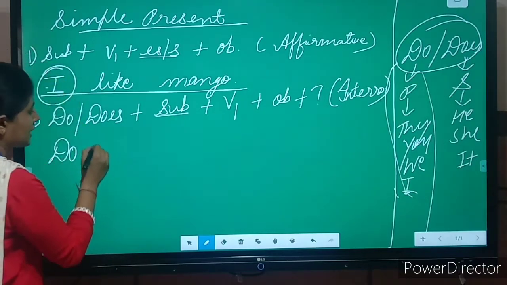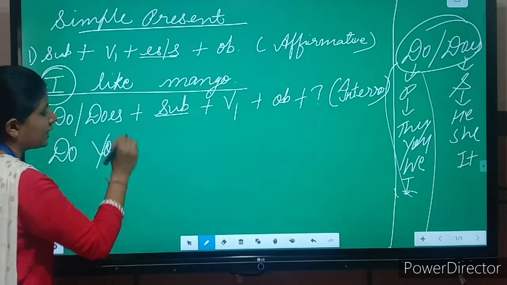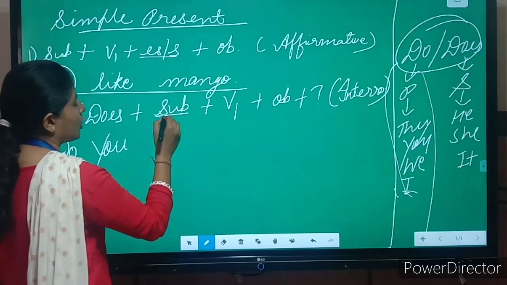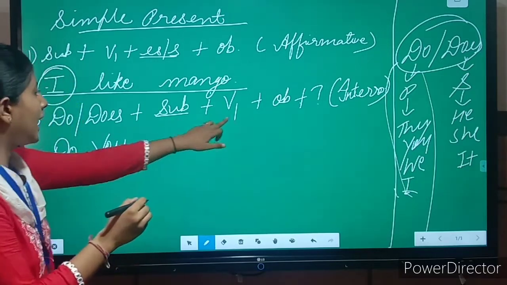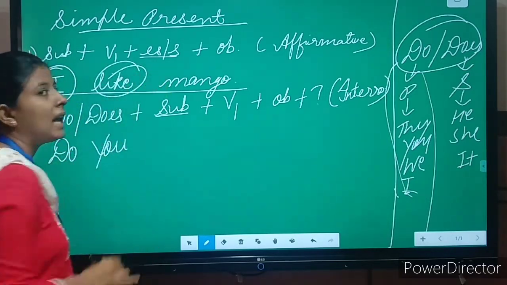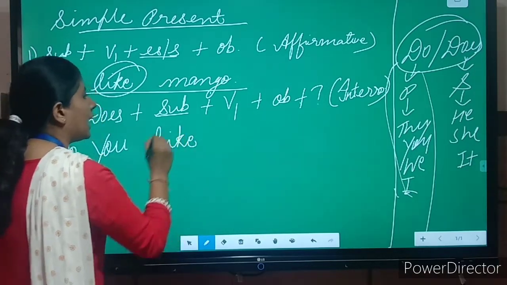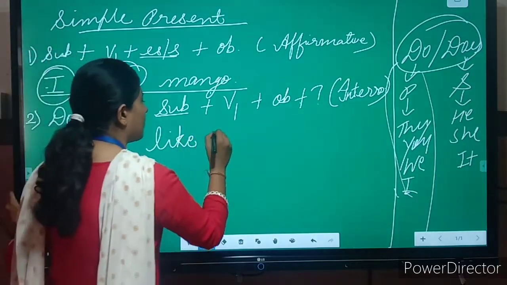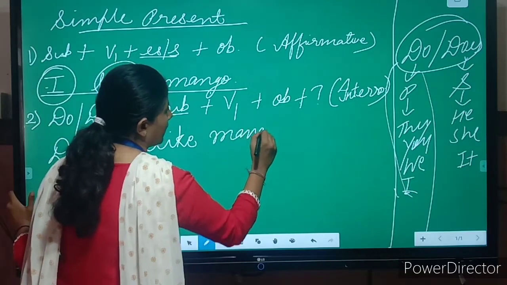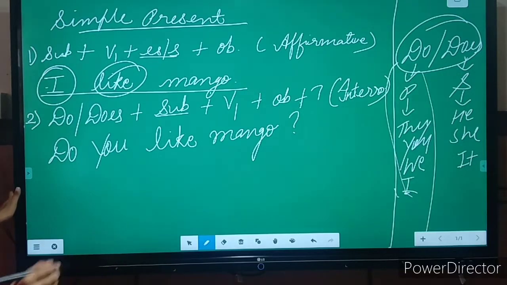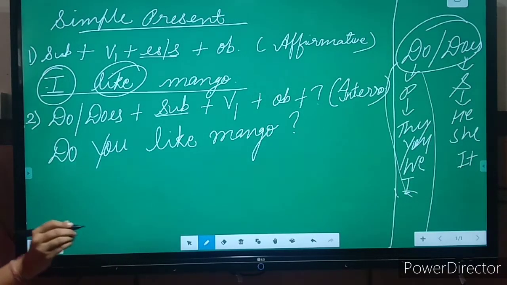You will change I into you, because you are asking the question to another person. Clear? Now you will write the verb. What is the verb here? Like is the verb, so like. And then what is the object? Mango is the object. And then you will just add a question mark. Do you like mango? This is an interrogative sentence. I hope it is clear.